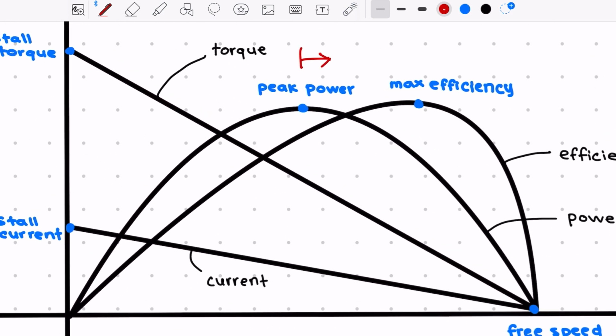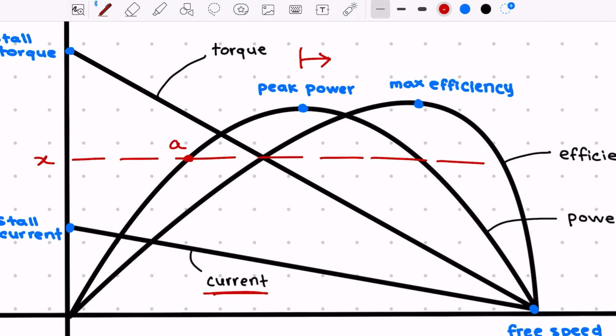So the power curve refers to mechanical power, while current draw refers to electrical power. And the power curve is a parabola, as you can see. So let's say I wanted some value, some mechanical power output. Let's call it X. Well, there are 2 points where I can get that.